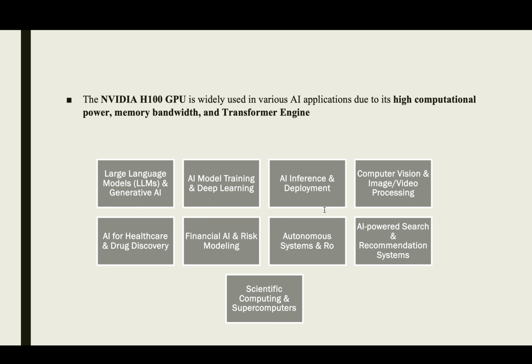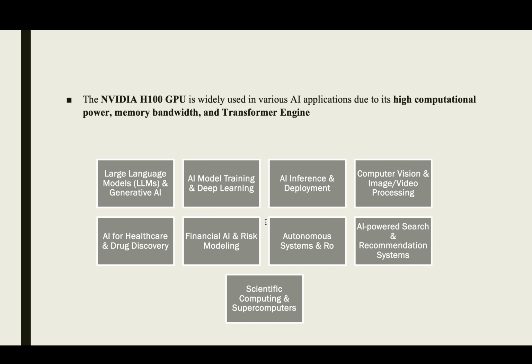The NVIDIA H100 GPU is widely used in various AI applications, and due to its high computational power, memory bandwidth, and transformer engine, it is most commonly utilized in large language models and generative AI.